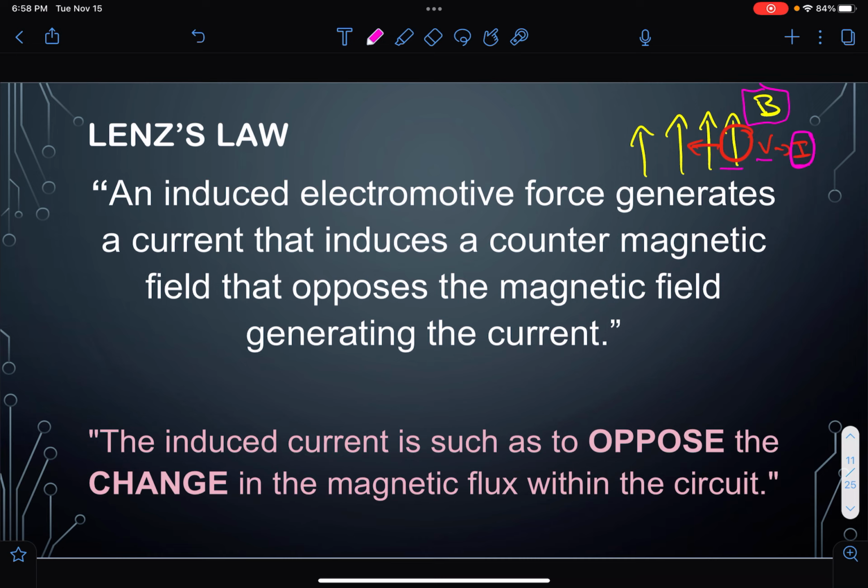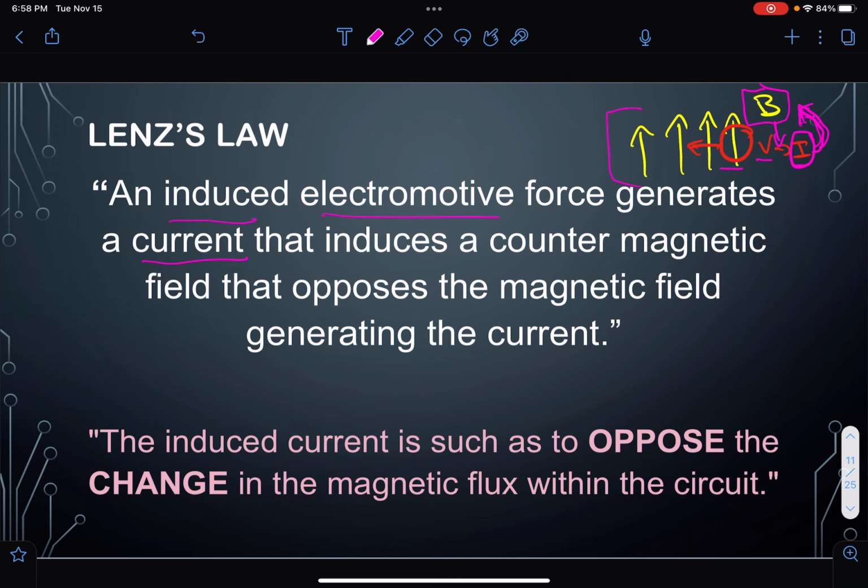So what Lenz said is that if this current is creating a magnetic field in the same direction as the existing one, then it's just going to compound it and get bigger and bigger, and we're just going to end up burning everything up because we're just going to have too much current, because the current creates a magnetic field, the magnetic field creates the current, and so on. So Lenz said that the induced electromotive force generates a current that is opposite the magnetic field generating the current. So it has to be opposite this already present magnetic field.